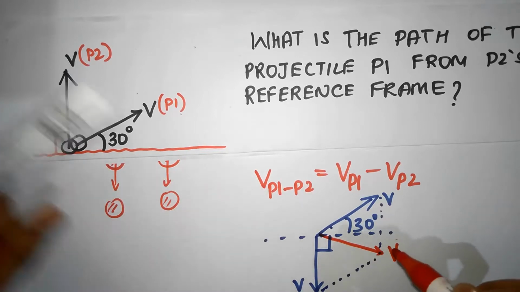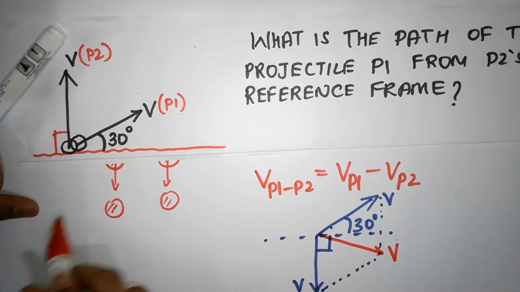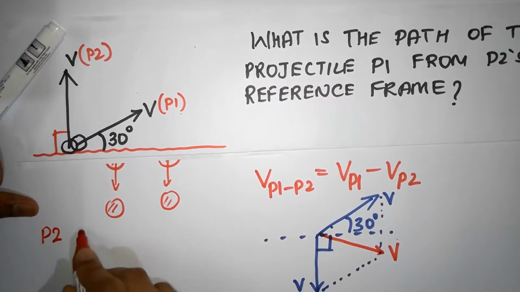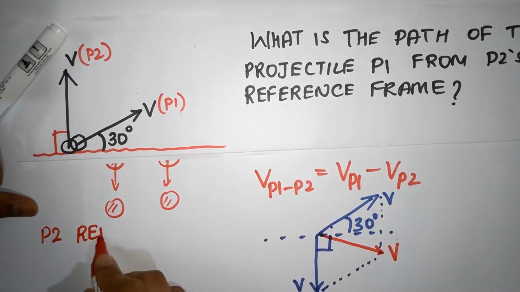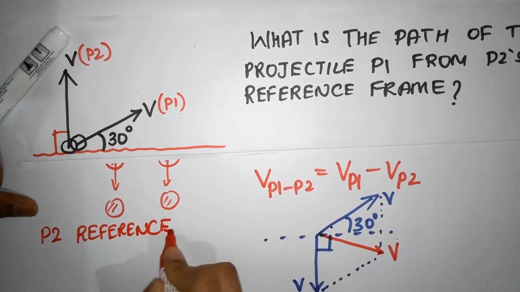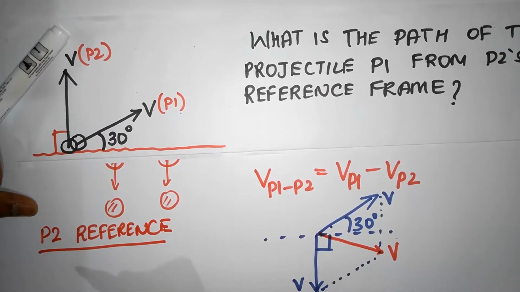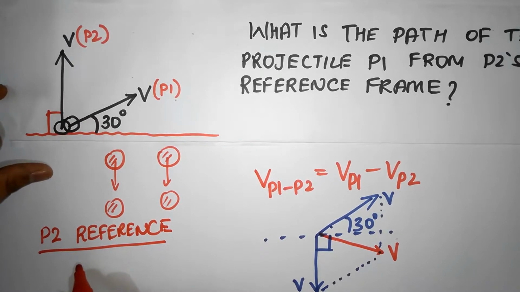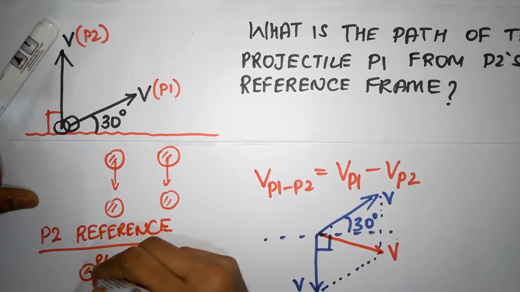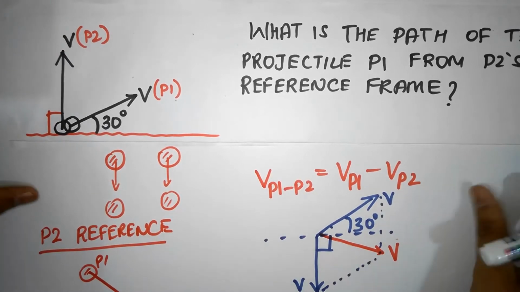Therefore, if you were to draw this whole motion from P2's reference frame, all you would see is that this particle P1 is just moving in a straight line.